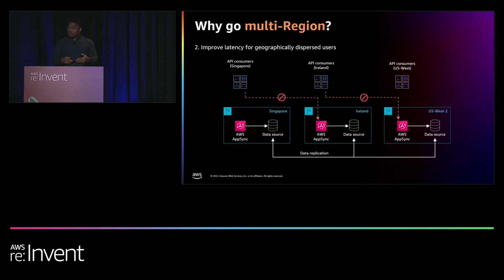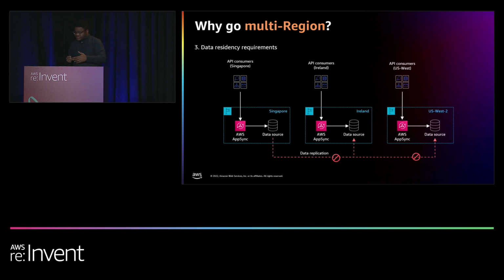So for example, you can have some of your consumers in the Singapore region and their requests being routed in the island region. So typically what you want to do is to build your AppSync deployment in such a way that the requests from your API consumers will be routed to the region closest to them, thereby preventing that potential increase in latency in making that round trip to a region far away.